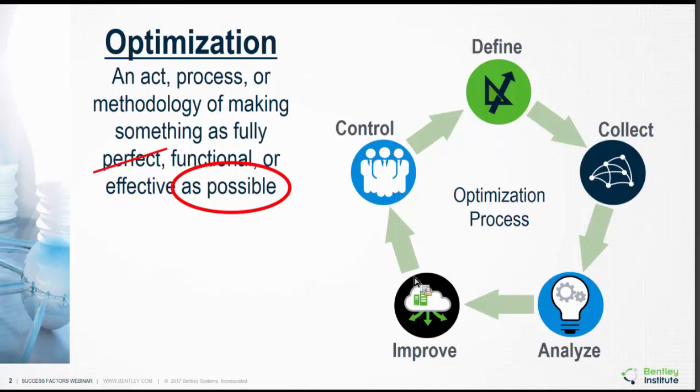And then, like anything, we want to control that. And as we tighten the controls, we may have to do a new definition of the project, maybe not. We may have to collect more data, maybe not. Now, think about this when you're doing a project. Normally, this is stuff we do all the time. I work on a project, a client gives me a subdivision, for example, that I need to design. I would go out and look at the standards, figure out what the problem is, figure out what we're trying to do. I'll collect data, find some topo, flood maps, aerials, GIS data, whatever I could find to start getting going.